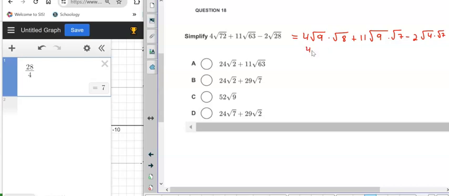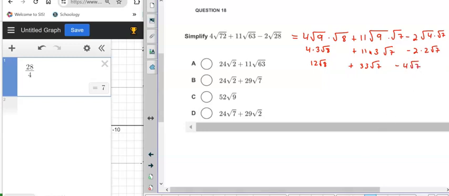So here this is 4 times 3 square root of 8, which is 12 square root of 8, plus 11 times 3 square root of 7. That's the multiplication, so that would be 33 square root of 7. And then here it would be minus 2 times 2 square root of 7. Square root of 4 is 2, and so that's negative 4 square root of 7.